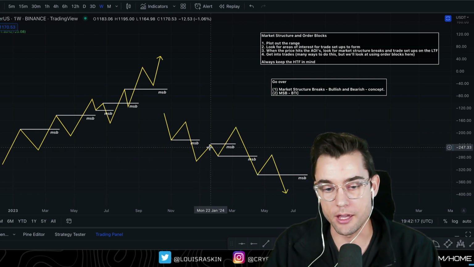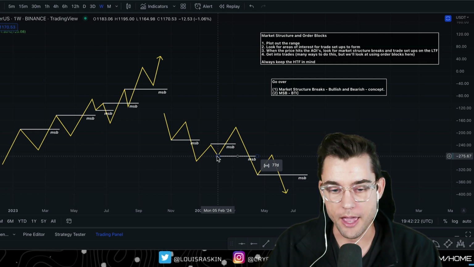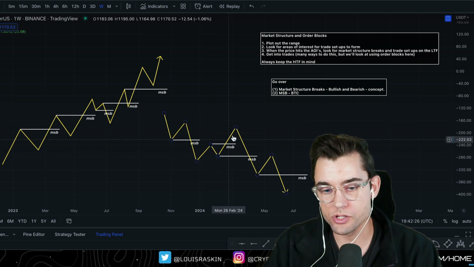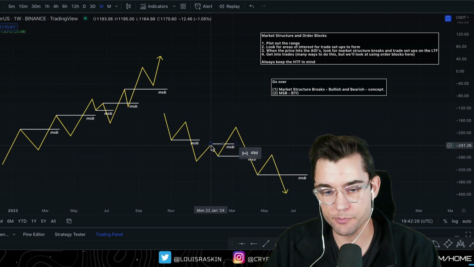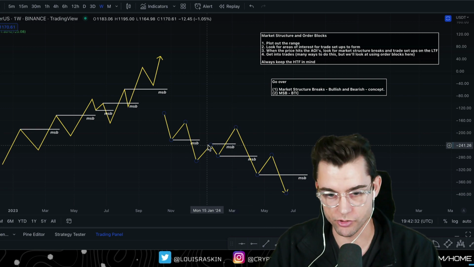Then we created a lower high and then a higher low. And neither of these are market structure breaks yet. But once we break above this previous high and we create a higher high, now we have a bullish market structure break.